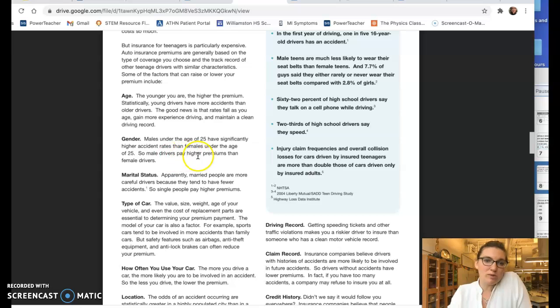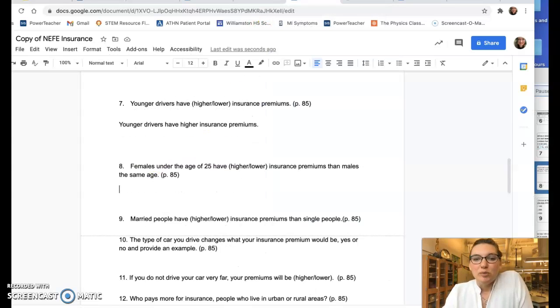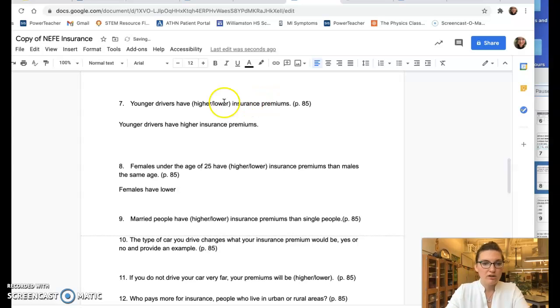So male drivers pay higher premiums than female drivers. People make jokes about girls not being good drivers, but in truth, guys get in more accidents. So there's that. So females under the age of 25, let's say, have lower insurance premiums.